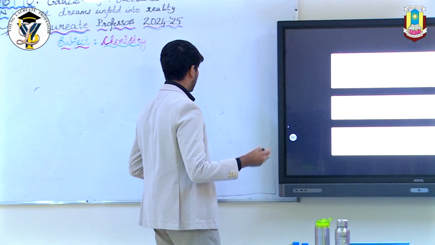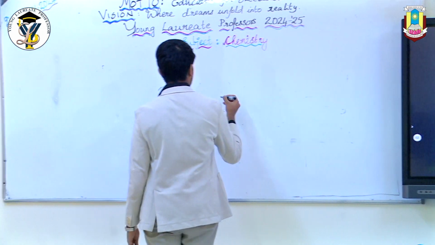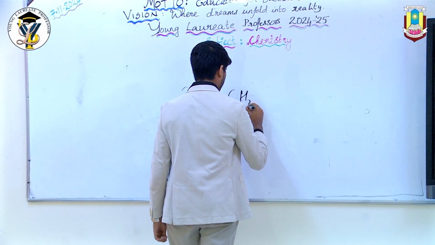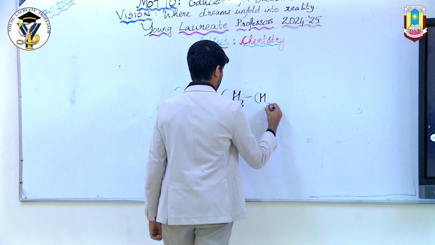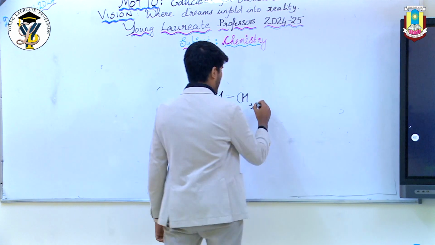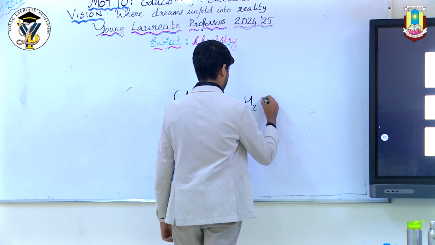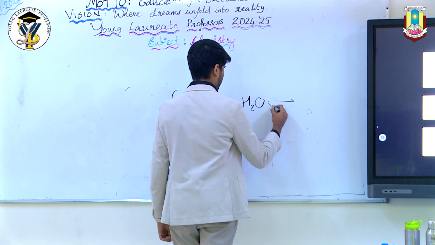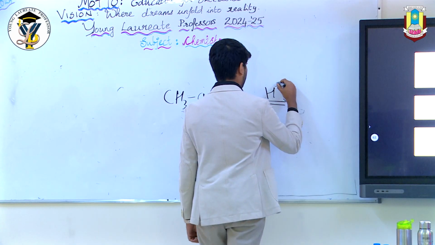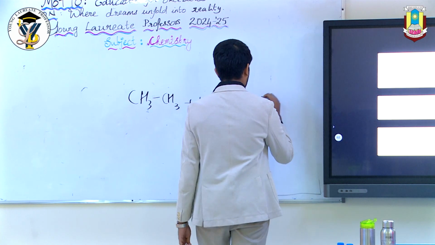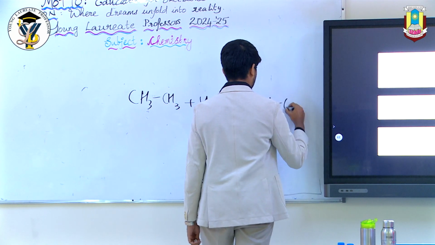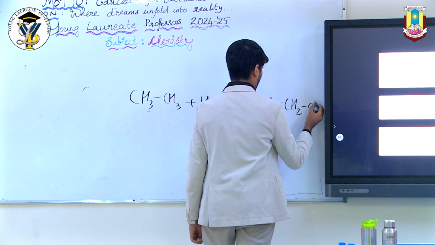An easy trick to remember this one is you take an ethene molecule, CH2, add water, add in an acidic medium, and then you get ethanol.